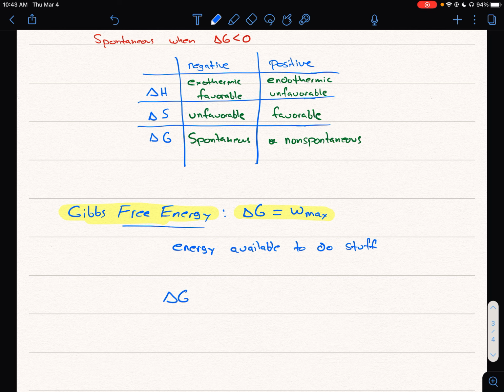A lot of times you'll see this under standard conditions: delta G is equal to delta H minus T delta S. We already know ways to calculate delta H and delta S, and so now we have a way to calculate delta G for any given temperature.